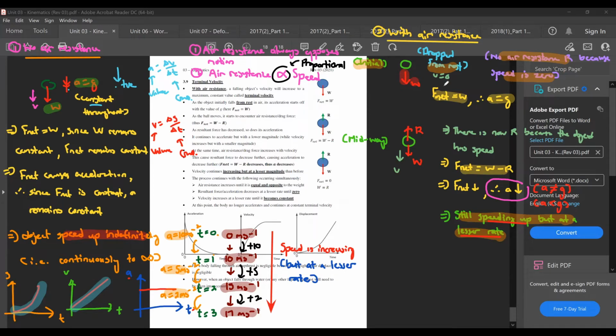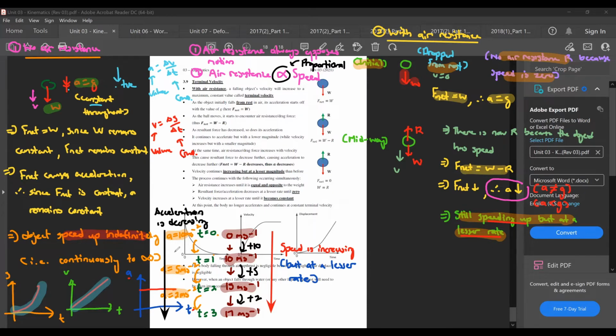If I just look at this alone, in this particular direction, going down, it is correct to say that my acceleration is decreasing, isn't it?